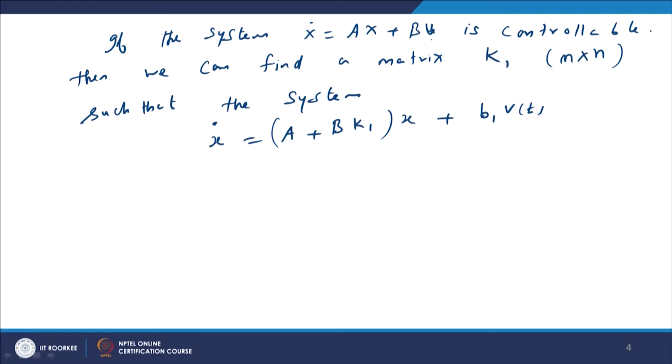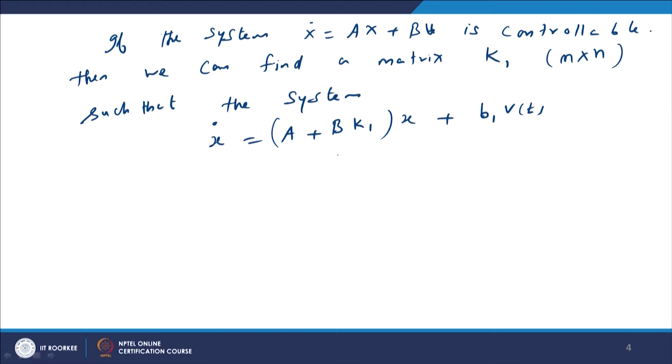Here u is a vector belonging to R^m, and here v of t is a real number, so it is a single input system. So, what we have done is, from the original system, we have converted into a system of this type where the control matrix is a column vector only.